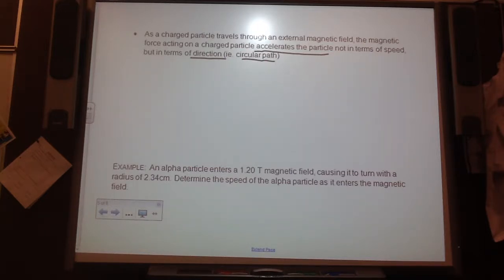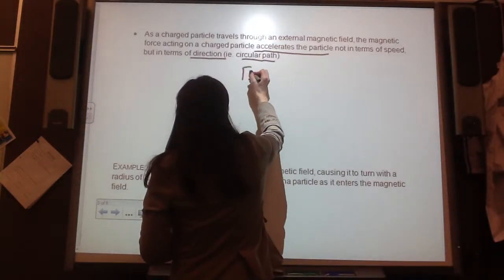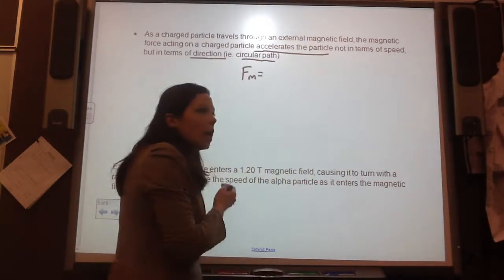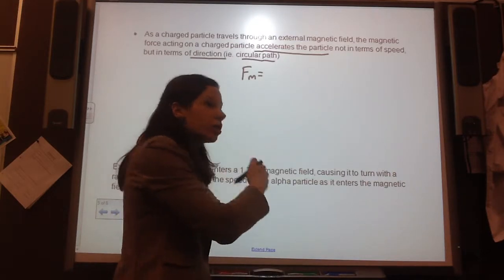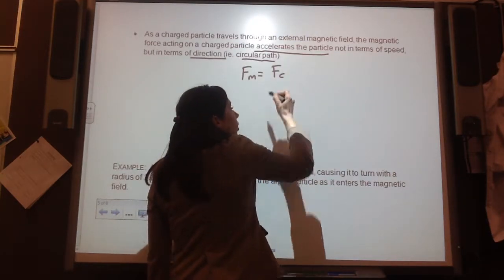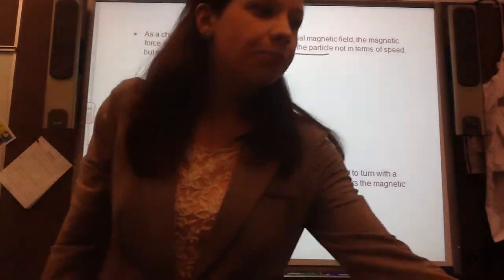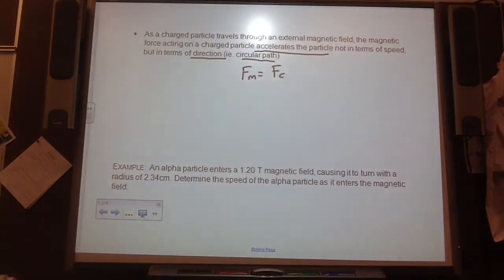So what force is causing centripetal motion? Magnetic force, okay? So we can make the assumption that Fm, magnetic force, is equal to Fc, because it's creating centripetal force, okay? Always? For our circular motion questions, yes.